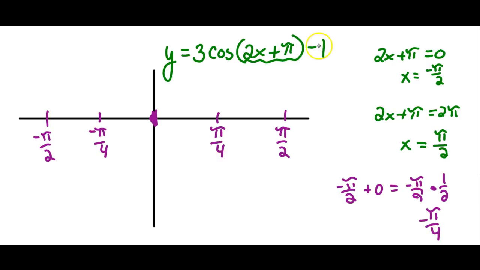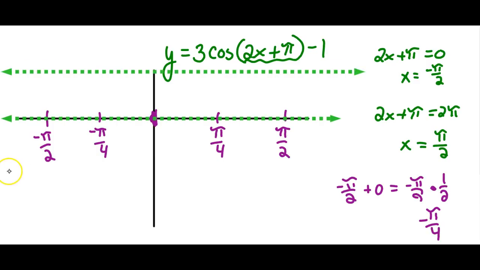And so if I didn't have this minus 1 and 3 here, I could just start at the top and draw my graph going through there. But I do have a 3 and I do have a minus 1 there. So it's like I'm going to take a dashed line right here. That is my x-axis. I'm going to go up 3.